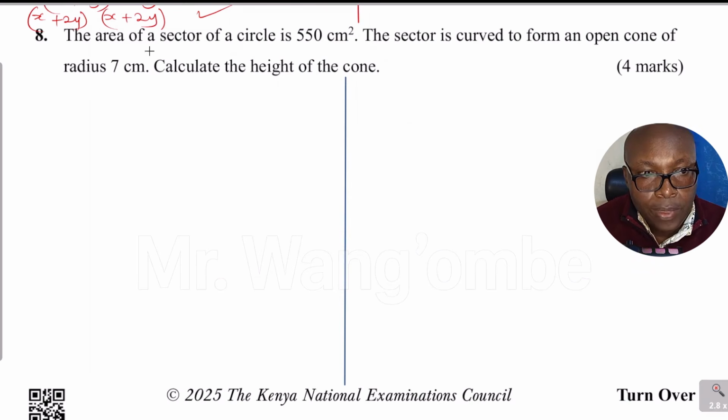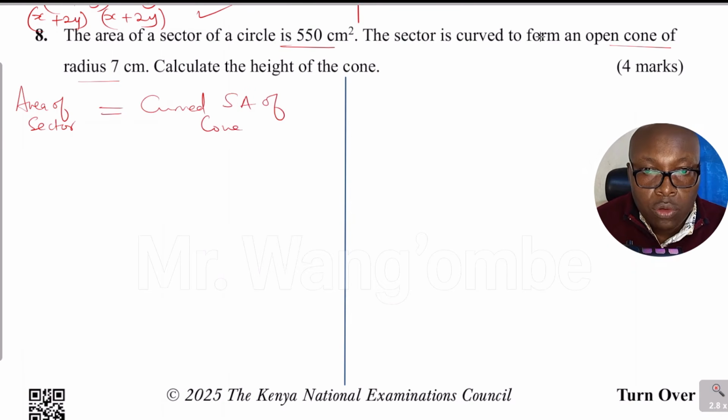So what is going to help us to get the height of the cone? There's a statement here that the area of the sector is given as 550. Then that sector is curved to form an open cone of radius 7 centimeters. So the area of the sector of a circle will be equivalent to the curved surface area of the cone.